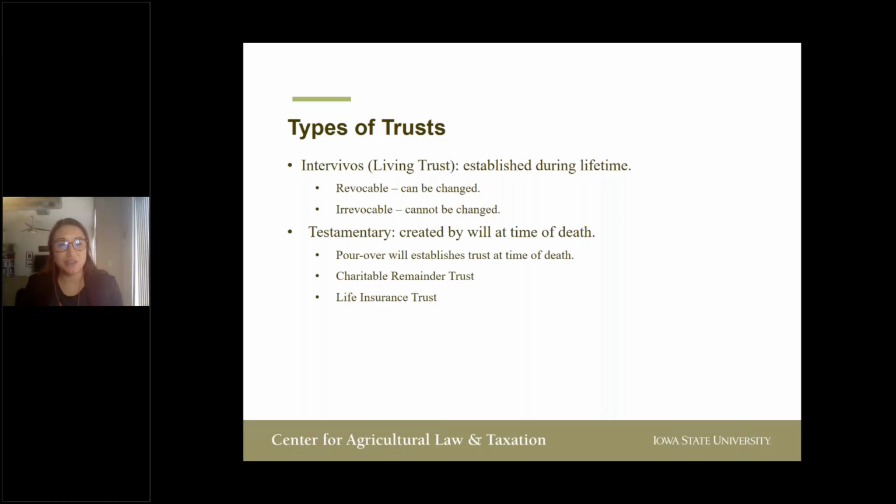There can also be pour-over wills, where when someone passes away, a trust will be established at the time of death through some type of residual asset. There are also charitable remainder trusts and life insurance trusts. There are a lot of different types of trusts depending on your goals.